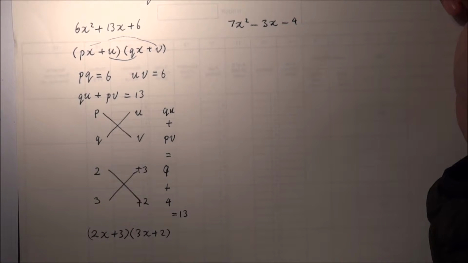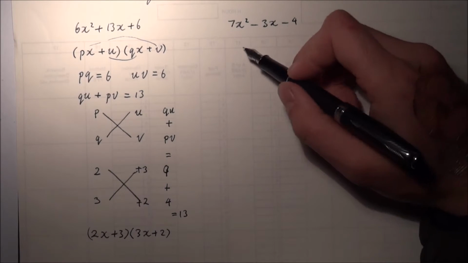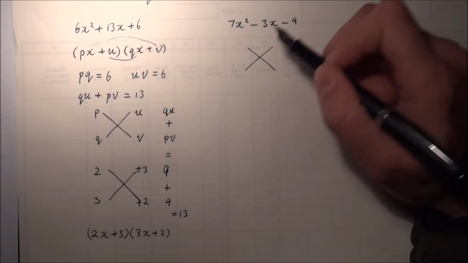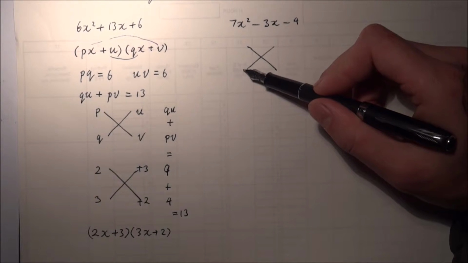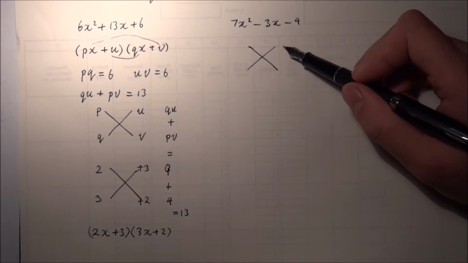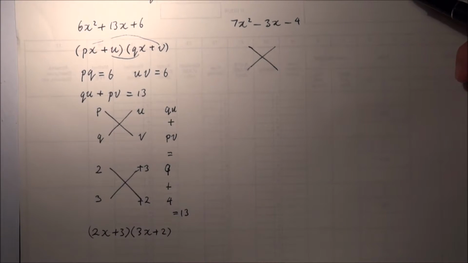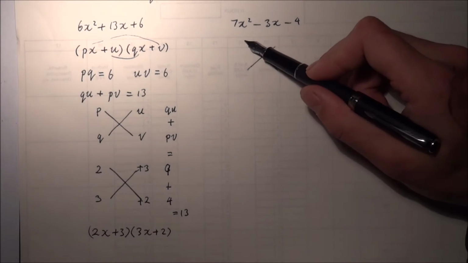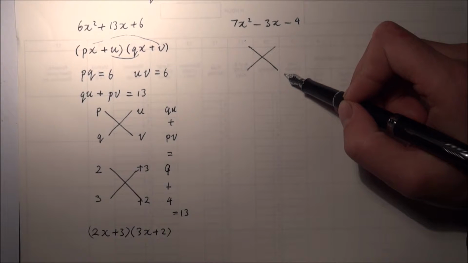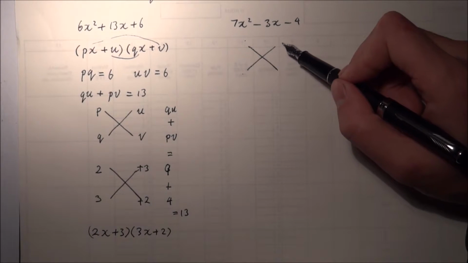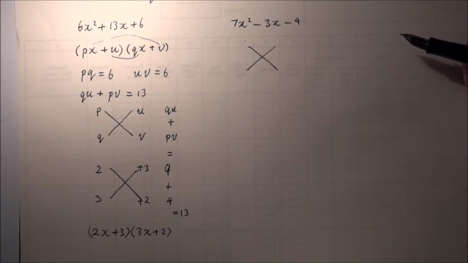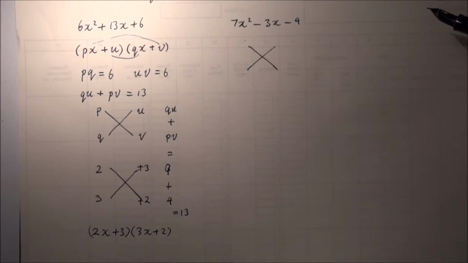Of course, once again, we have to find the cross, where these two numbers multiply to 7 and these two numbers multiply to negative 4. Well, this number times this number plus this number times this number has to be negative 3. So we have to find four numbers that satisfy these conditions.